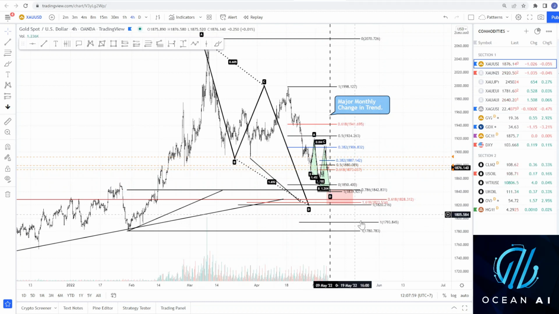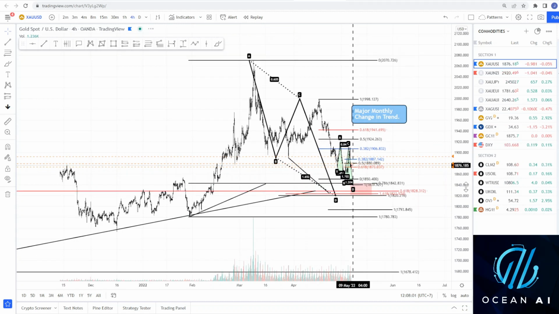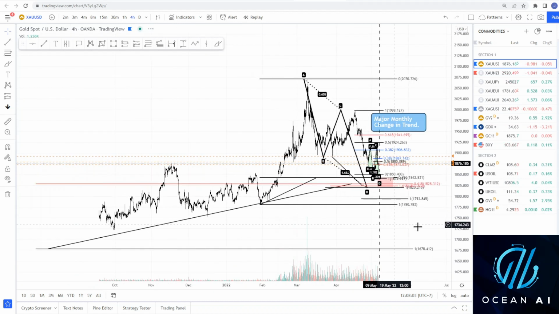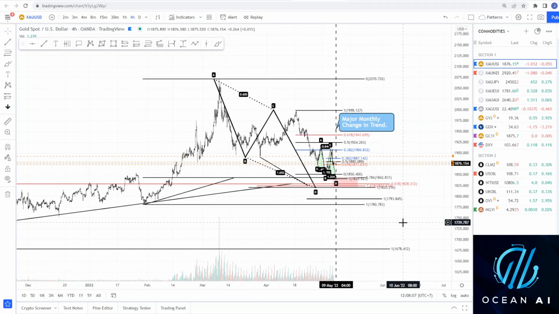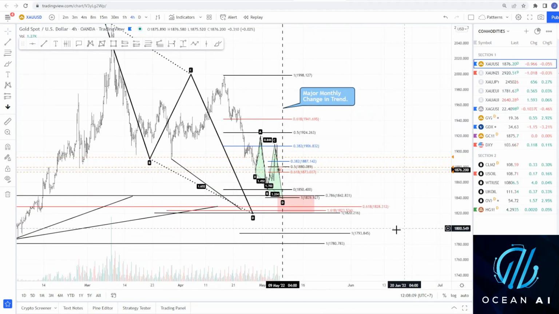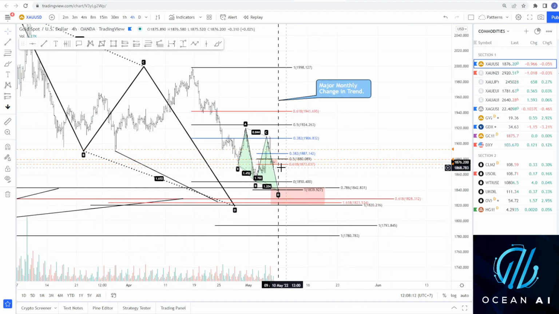That was this one to here. And then there's the possibility of going down and matching these lows around 1700, but for now, we won't worry about that. We'll just look to see if we can add into here to get this next run down. And then, see how we go.